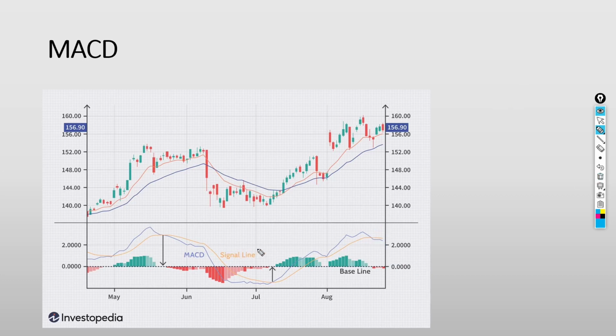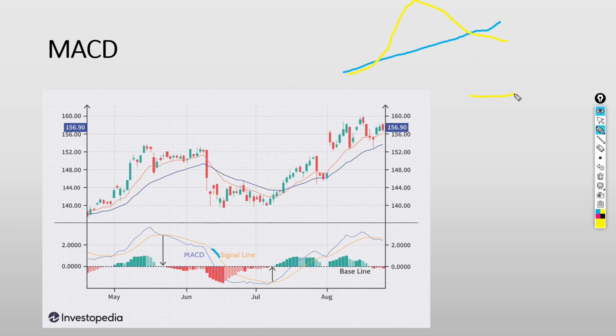So this is how the MACD looks like. It has a signal line, which is this line here, the yellow line. When it crosses the blue line, we have this blue line, and then we have that yellow line. So when the yellow line is above the blue line, that's a bullish signal, and when the yellow line is below the blue line, that is a bearish signal.